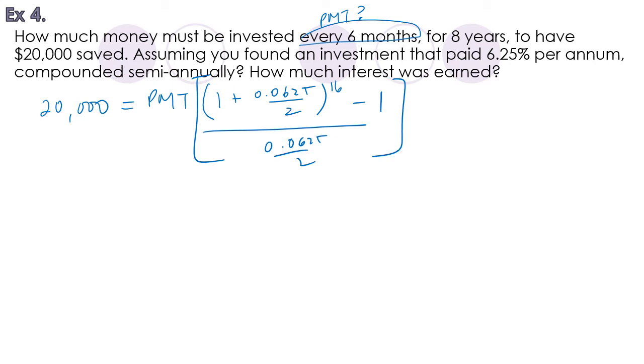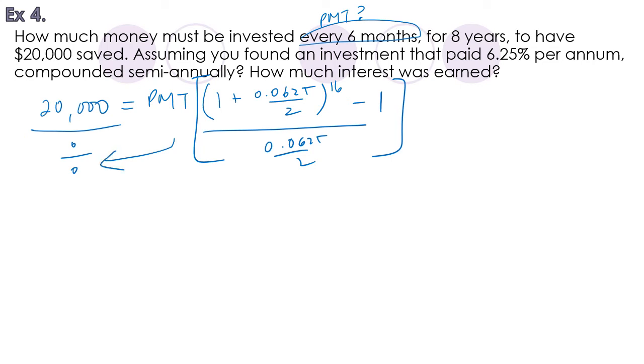We're going to go through the steps, and at the end of the day, you're going to end up with a number beside a variable, just like 2x, let's say. How do you solve for x? Or in this case, how do you solve for the PMT? You divide both sides by that. So we're going to take 20 grand and divide by whatever we get here.